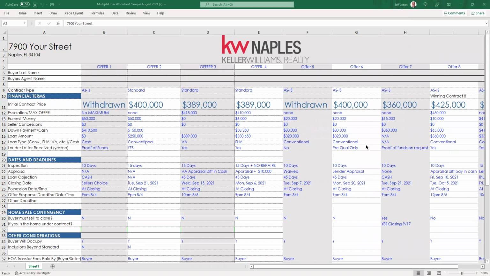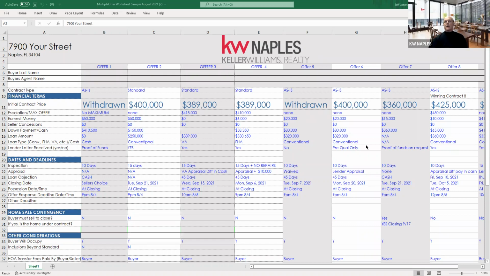Okay, this is just an idea that I got a while back and started playing with a little bit. What we tried to do was create a way to compare apples to apples, and you're welcome to this, I'll be glad to send it to you if you like.